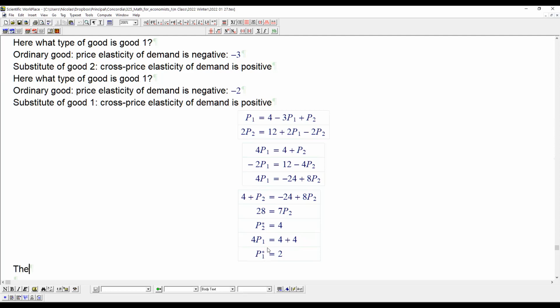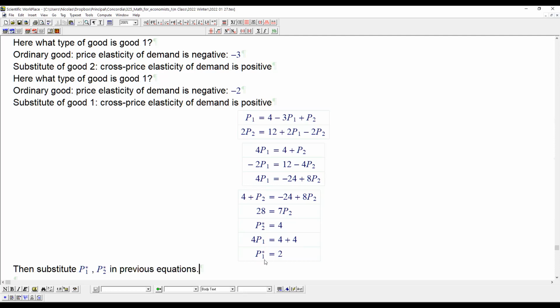And then substitute P1 and P2 in the previous equation.